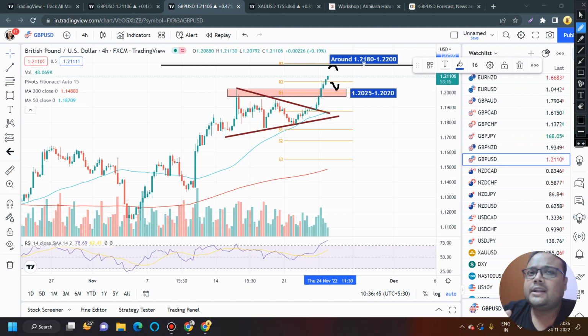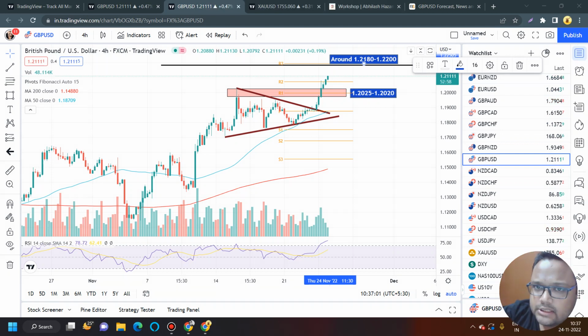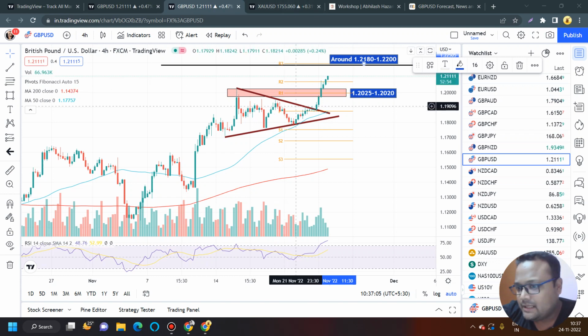GBPUSD is very volatile right now, so please be careful. Please follow proper risk management. Do not gamble with your hard-earned money. See, no trader is 100% accurate. So please be careful.